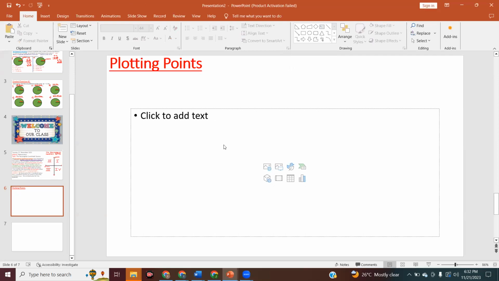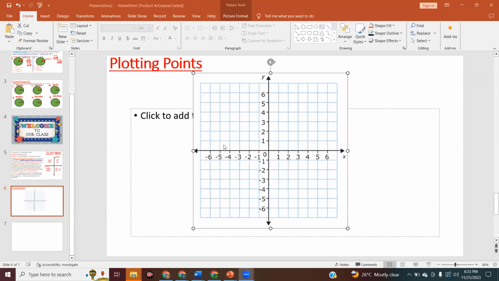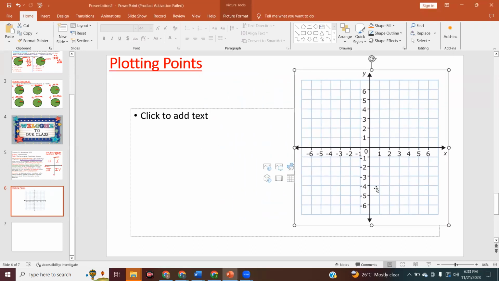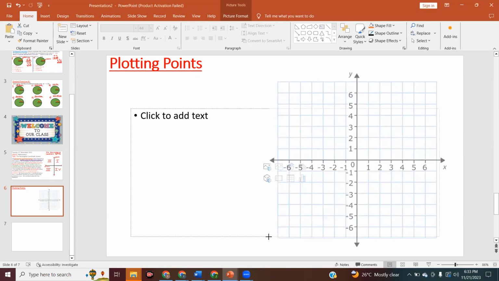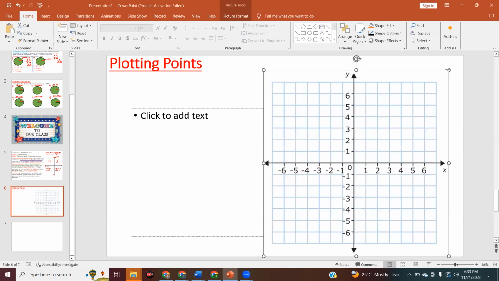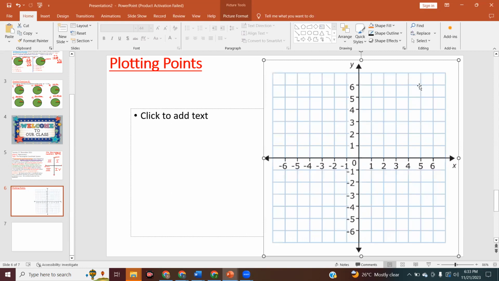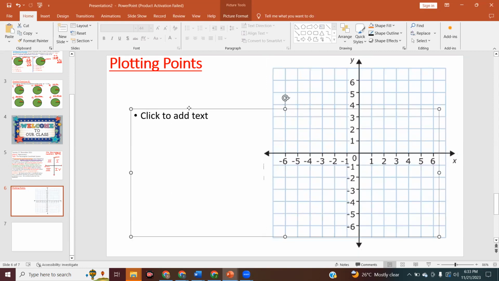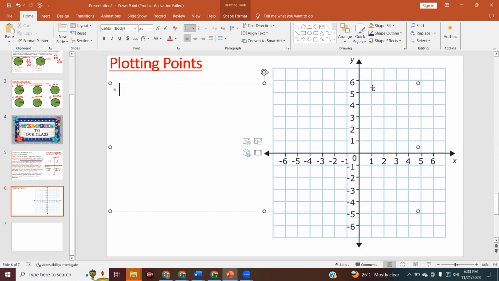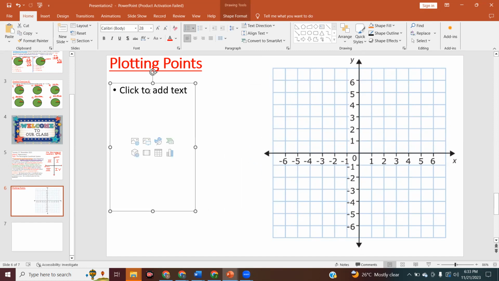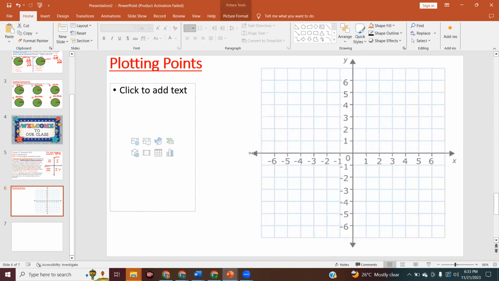If you do not have graph paper, you're gonna have to draw this graph, and make sure you draw it neatly, please. I'm gonna put this on the screen. Like I said, please draw this graph. Use a ruler and a pencil to draw it. If you have graph paper, it'll be easier for you. Use a ruler and a pencil to draw this XY plane.